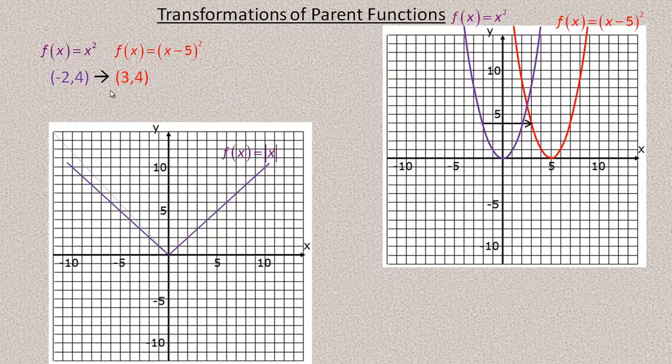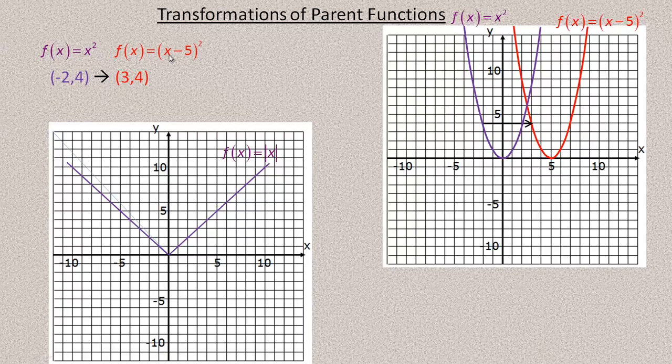And so, you see, in the original function, if x was negative 2, it's negative 2 that you square to get 4. Now, 2 squared also equals 4, but I'm talking about that specific point. So it's actually this negative 2 that's been squared to make that 4.